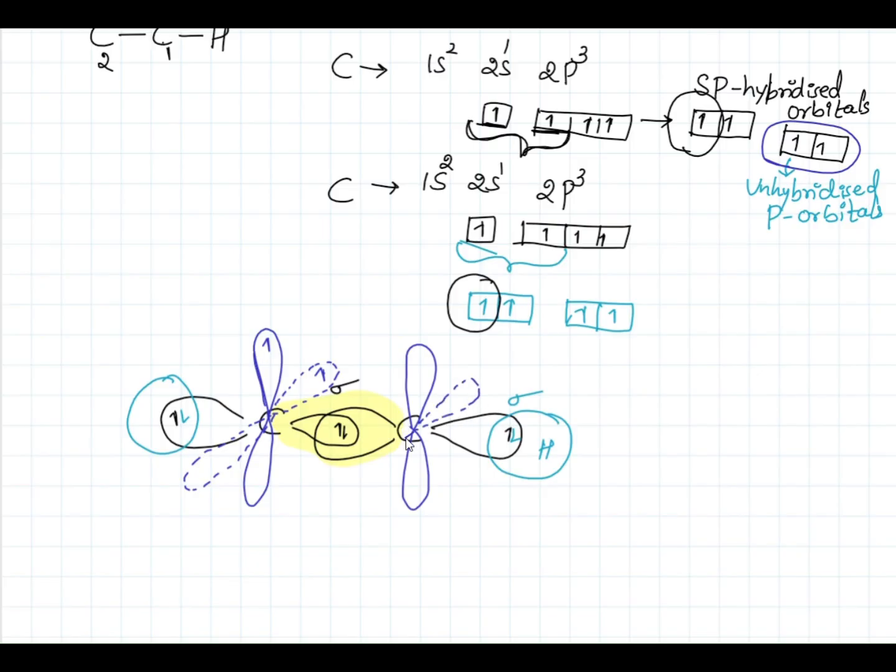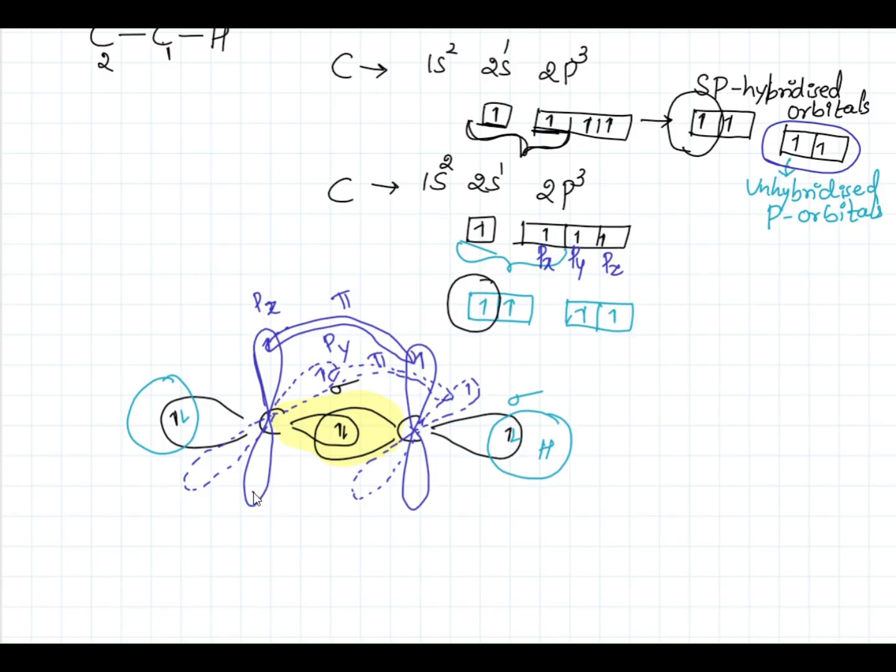This is because only two orbitals undergo hybridization to form two sp hybridized orbitals, leaving py and pz. Let us consider this as pz and this as py. The pz orbital will overlap with the other pz orbital, forming a pi bond, and the py orbital will overlap with the other py orbital, also forming a pi bond.